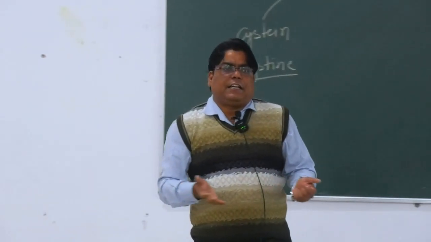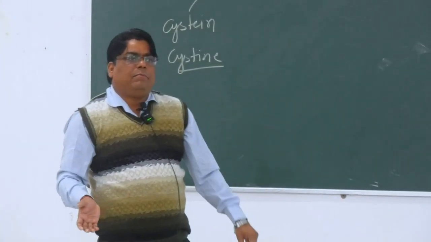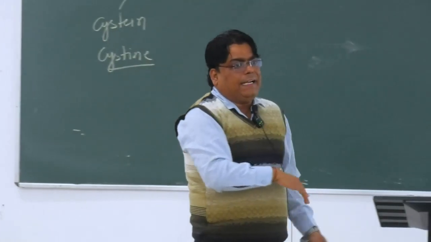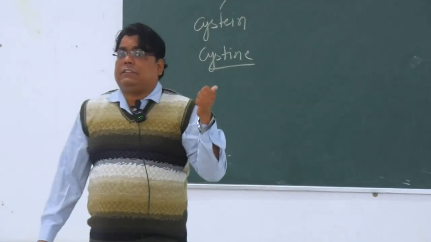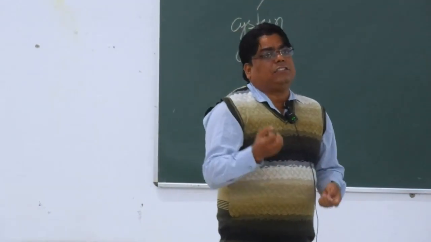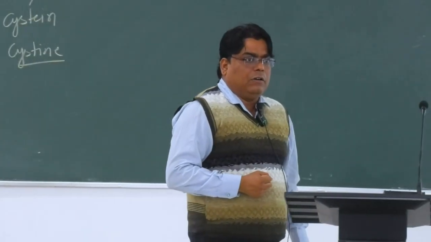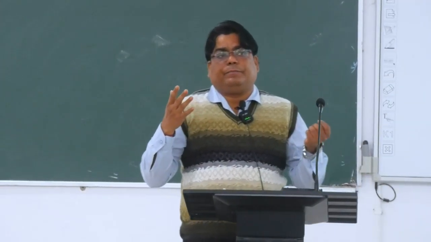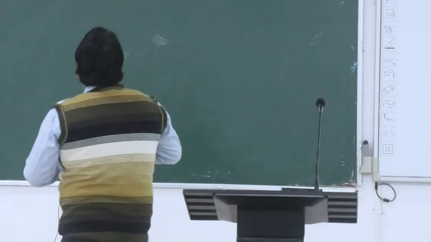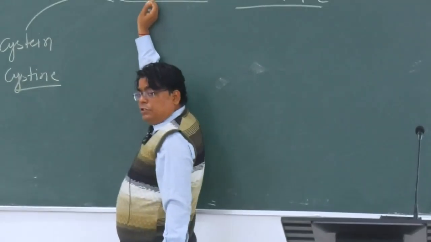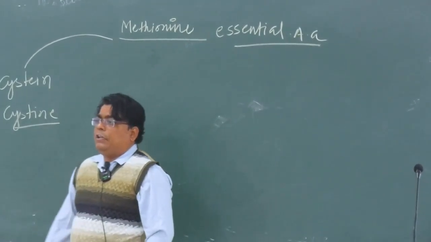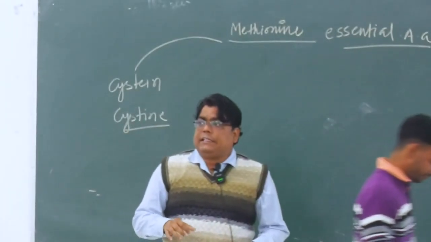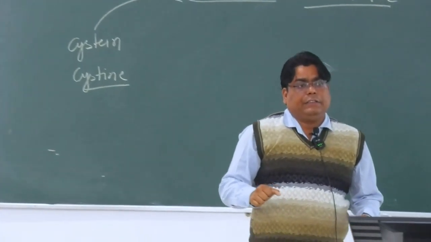If we generally see the structure of an amino acid, there is a central carbon atom which contains a carboxyl group on one side and an amino group on the other side. But in these cases, they contain sulfur in their structure. This is one of the most glucogenic amino acids. We discuss this metabolism majorly under three main headings.